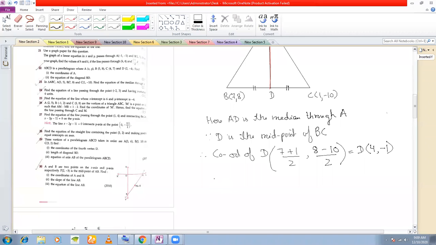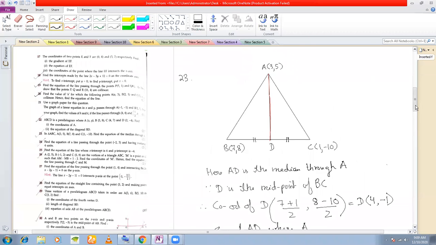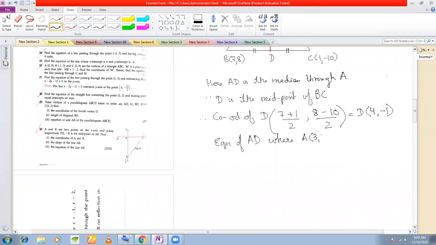Okay, so therefore the equation of AD, where the coordinates of A are 3, 5, and the coordinates of D are 4, minus 1. The equation of AD is given by y minus y1 is equal to y2 minus y1 by x2 minus x1 into x minus x1.